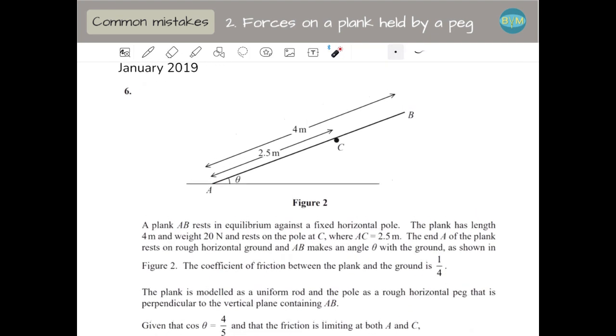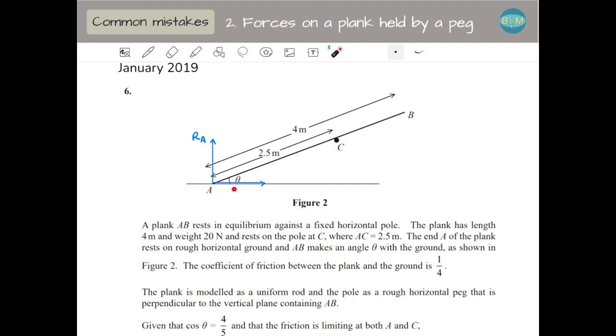So first, we are going to represent all the forces that you have acting on the plank. At A, you have the normal reaction of the ground. So you have a vertical normal reaction, and I'm going to call it RA to distinguish it from the reaction at C. And you have friction in this direction, because the plank is in limiting equilibrium, and even if it's not moving, the friction will go against the tendency of moving.